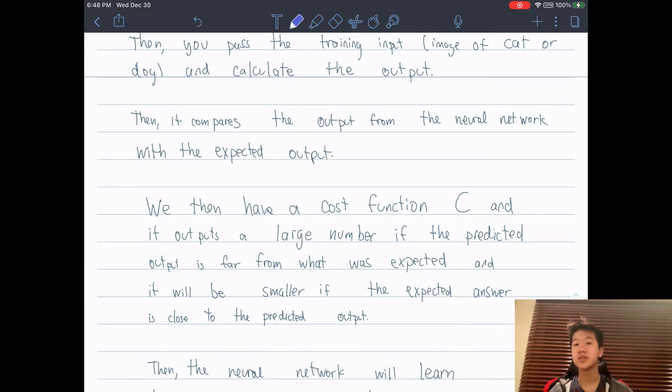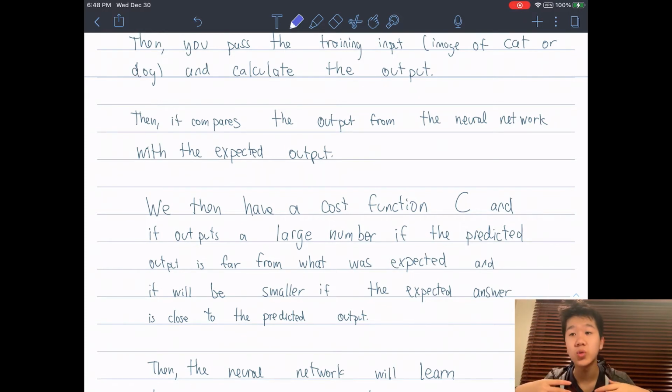So here comes the cost function, and this allows us to find a numerical way to analyze whether the neural network is performing really great or really bad. So there are numerous cost functions, but they all have one thing in common. If the output is pretty much the same as the expected answer, so for example, if it says 1 and it's supposed to be 1, the cost function should be low.